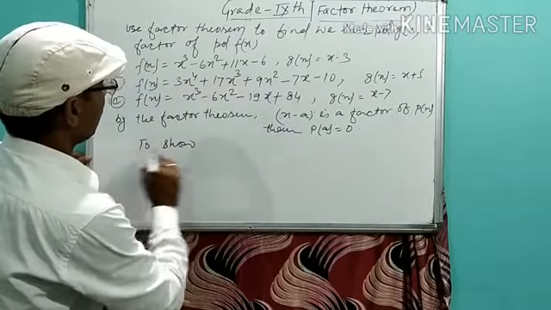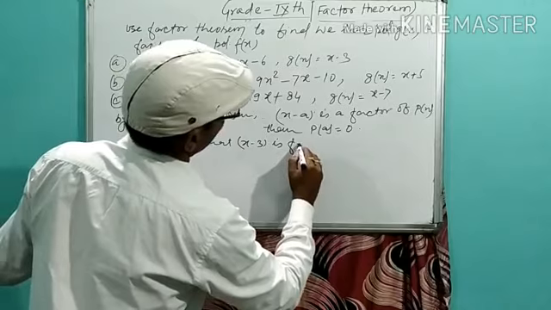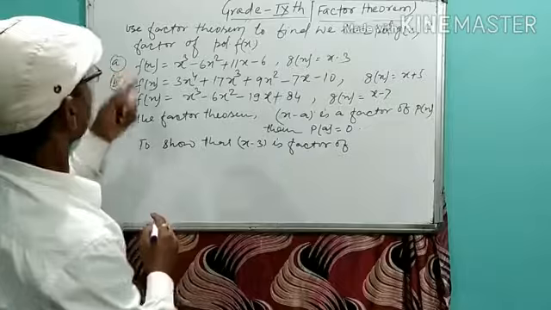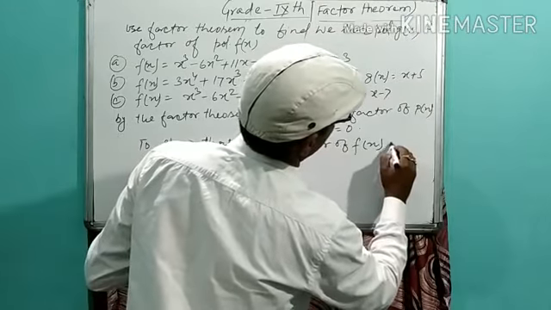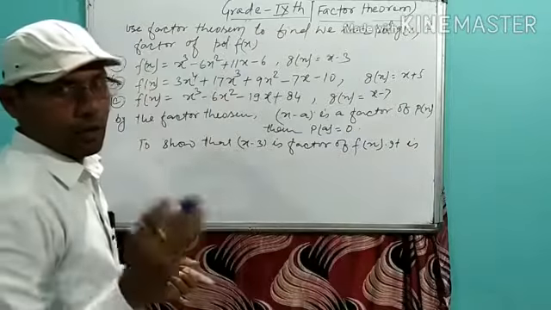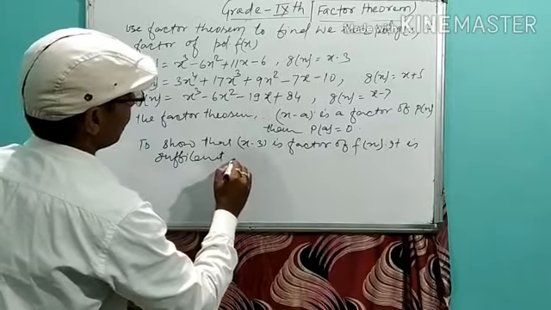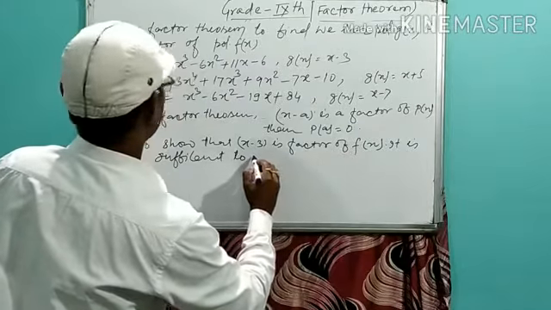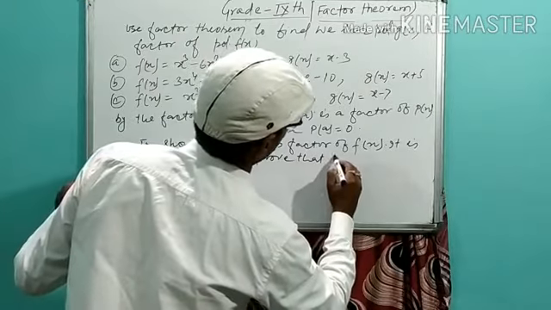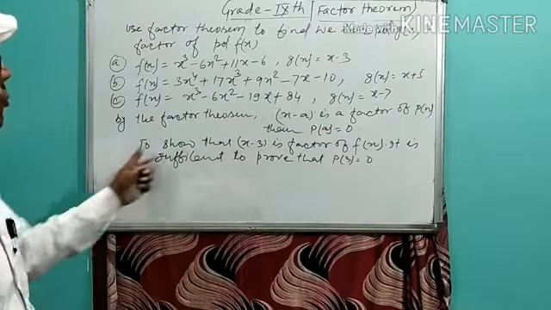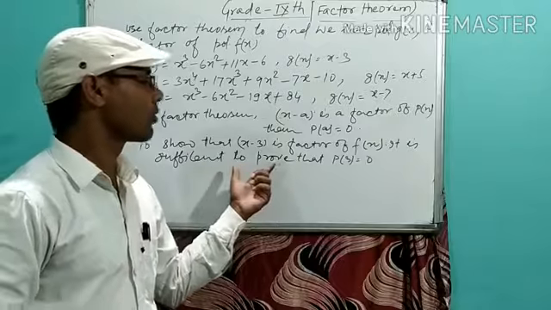To show that x minus 3 is a factor of f(x), it is sufficient to prove that P(3) equals 0.